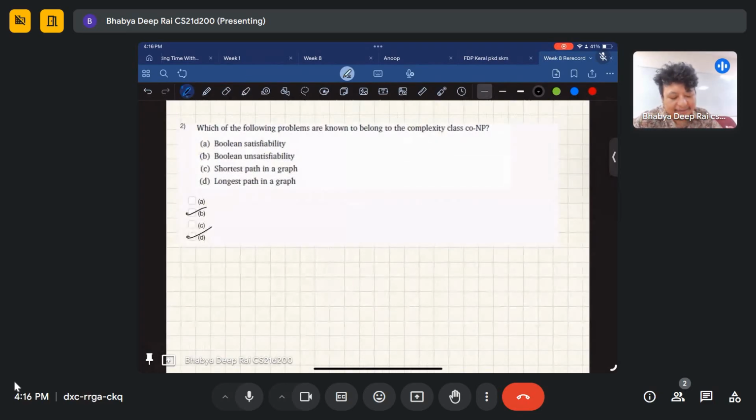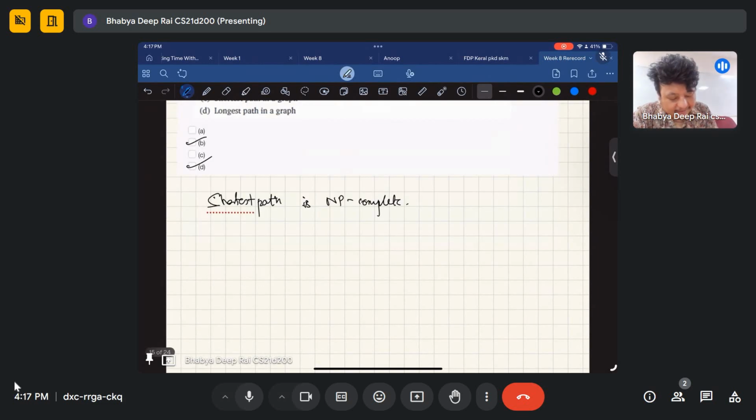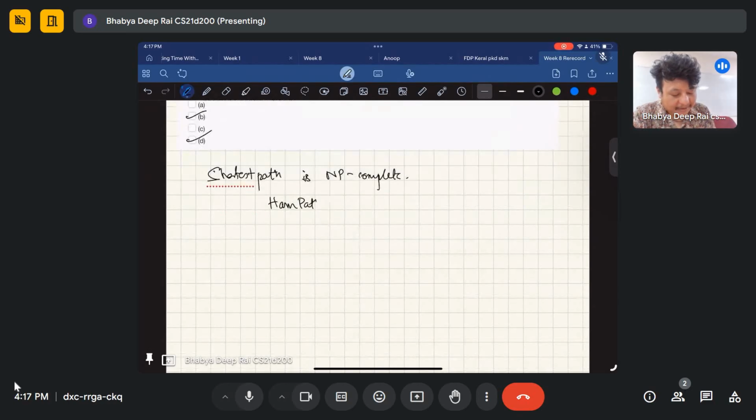Shortest path in a graph cannot already belong to coNP because shortest path is actually NP complete. I'll tell you why. Why is it NP complete? The Hamiltonian path problem, which is already NP complete, reduces in polynomial time to shortest path. How?